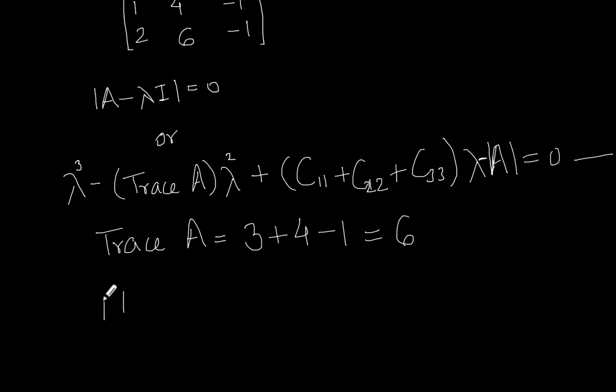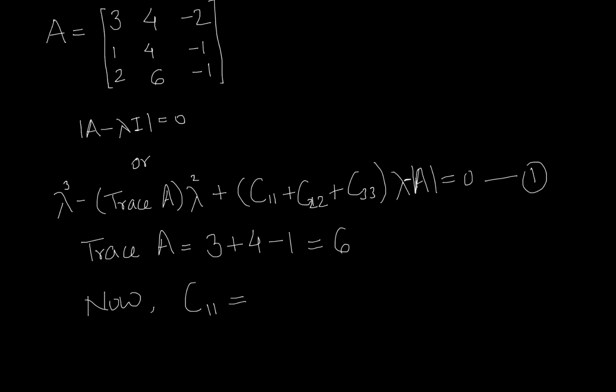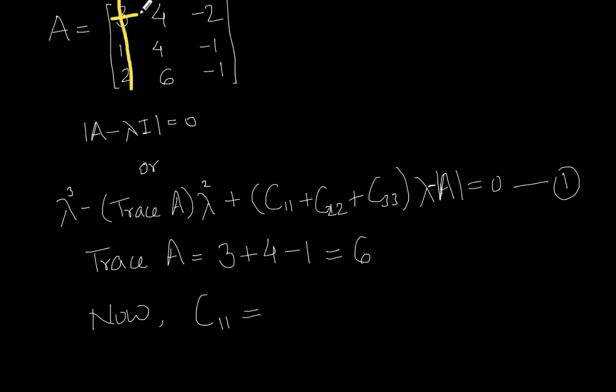Now we will find the cofactor corresponding to the entry a11. Just remove the first row and first column, then find the determinant of the remaining 2 by 2 matrix, which will be minus 4 plus 6, that is 2. Now find the cofactor corresponding to entry a22, represented by C22, by cancelling out the corresponding row and column and finding the determinant.